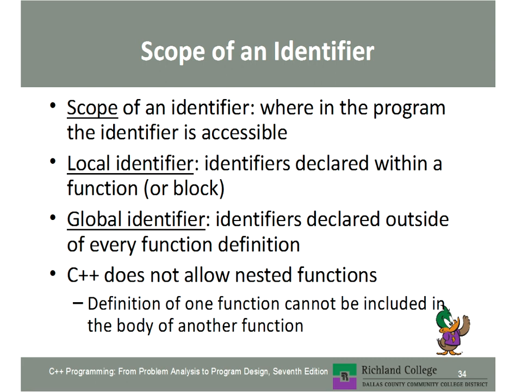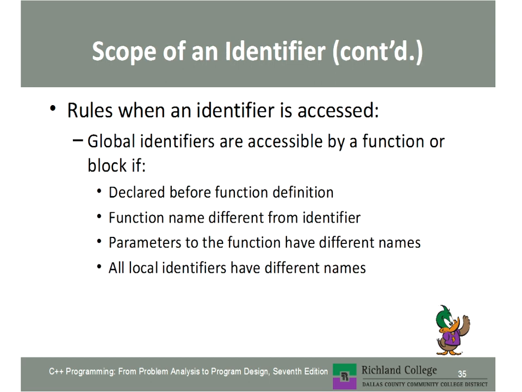Identifiers outside main and every other function are global identifiers, and global identifiers can be seen by all functions. C++, the language, does not allow nested functions, so each function stands on its own.